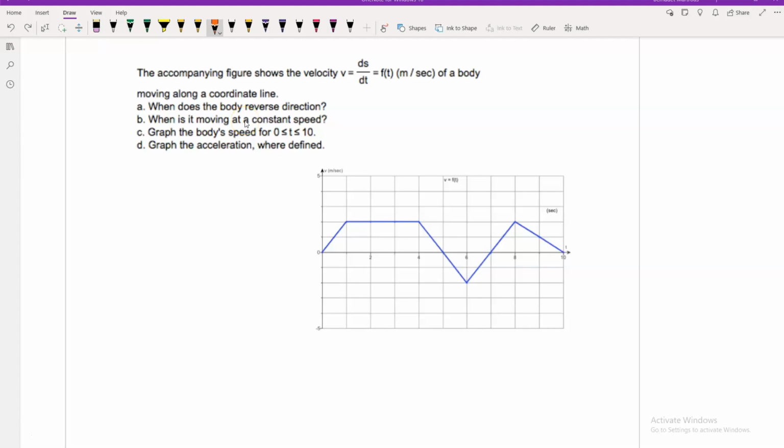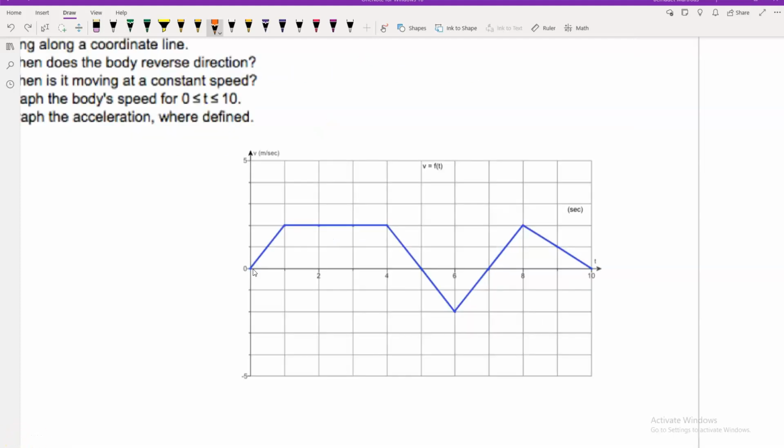So now answering these questions, part A, when does the body reverse direction? It reverses direction where velocity goes from positive to negative or from negative to positive. So here on this part, when t is 0, velocity is 0. Now based on what we have in this interval between 0 and 1, velocity is positive.